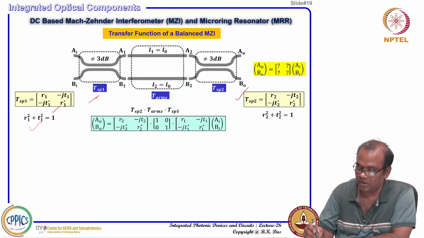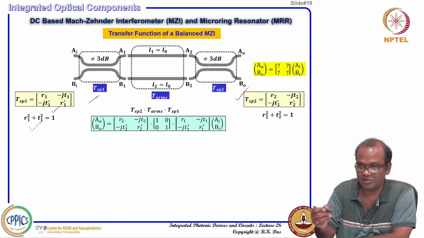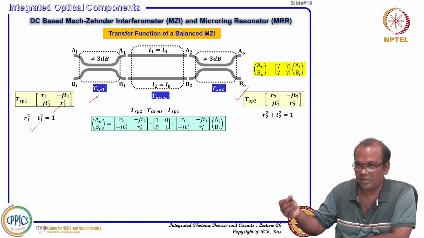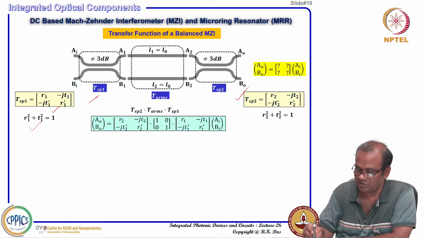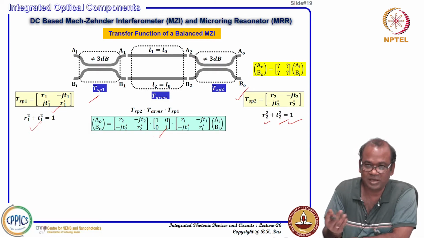Similarly, I can write TSP2 here. This is not a 3 dB power splitter, so I cannot simply write 1 by root 2 times 1, minus j, something like that. Instead, I have just written R2 and T2, such that it is also lossless: R2 square plus T2 square equal to 1. And the middle arm, as usual, we can write as 0 1 1 0, which we have derived earlier, and it is identical.